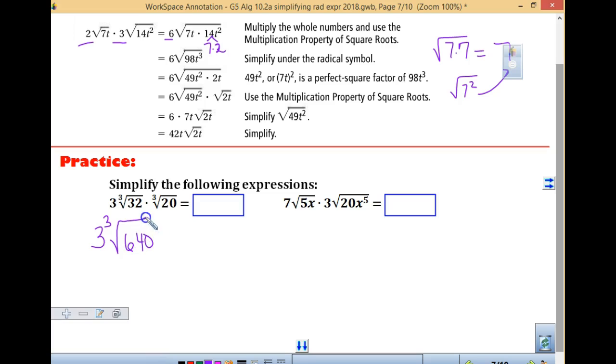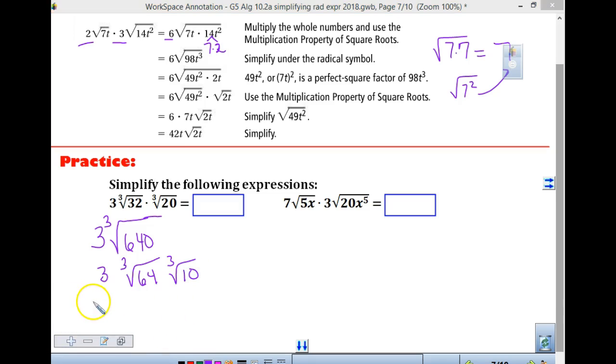Is that kind of nice that we want to multiply those instead of breaking it down? Because now, what's a perfect cube that goes into 640? 64, right? So this is the cube root. That's why memorizing those first 5 cubes is important. And then you also have the cube root of 10, right?